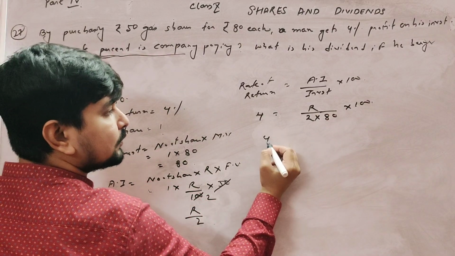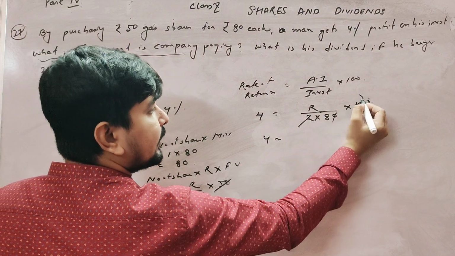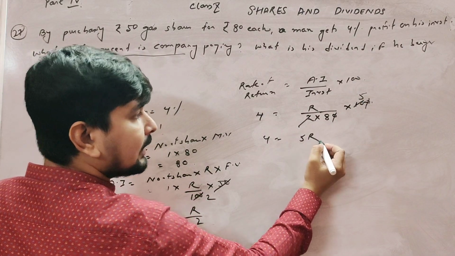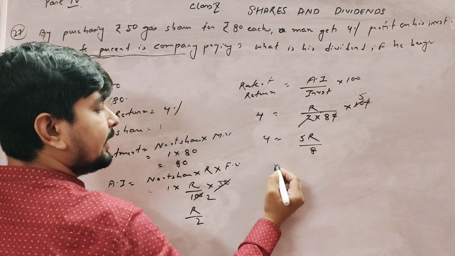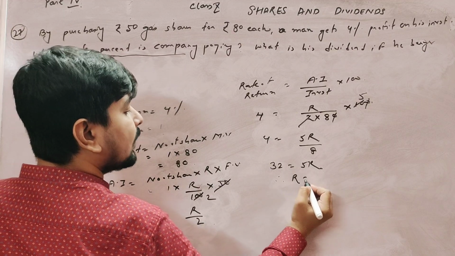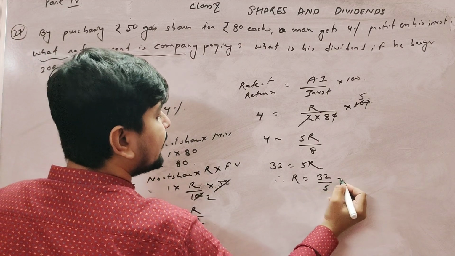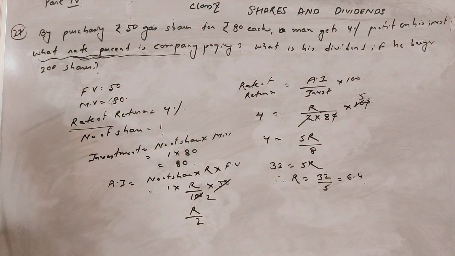So 4 equals, cancelling the 2 and 5s, 5R by 8. So 8 into 4, that is 32, equals 5R. Therefore R equals 32 upon 5, that is 6.4. So the rate of dividend the company is giving is 6.4.